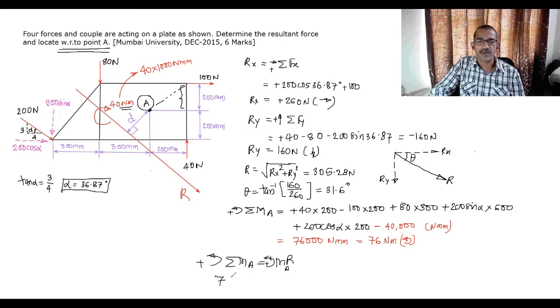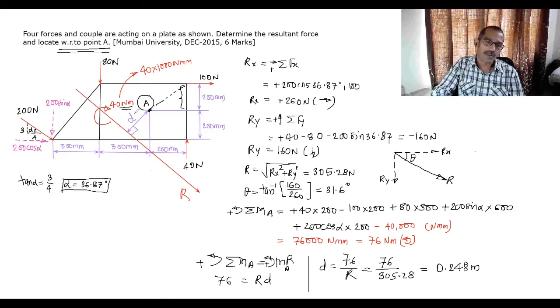This one is 76, and this one is R into D. So D comes out to be 76 upon R, and R is 305.28, so D is 0.248 meter. In this problem you have calculated the perpendicular distance.